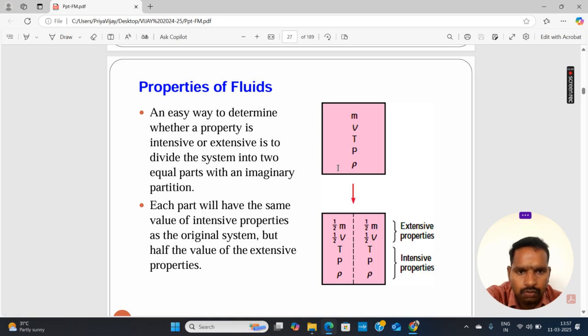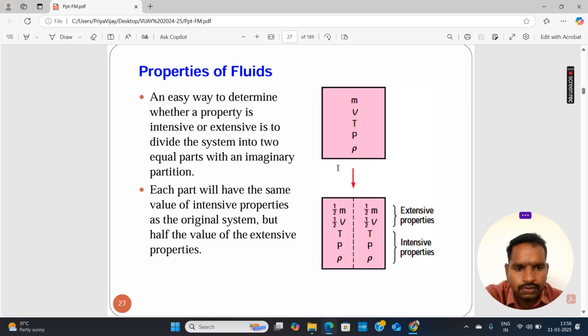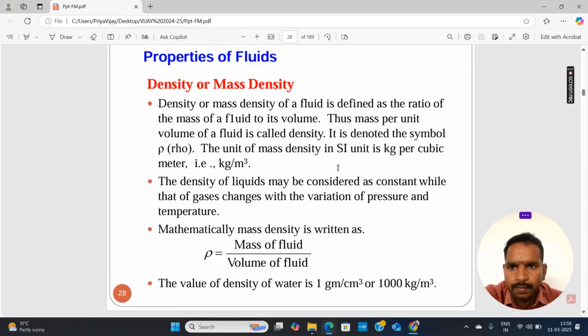If you take mass, volume, temperature, pressure, and density and divide the system, we'll have both intensive as well as extensive properties. The mass and the total volume at half m and half v specify the extensive properties, whereas temperature, pressure, and density specify the intensive properties.